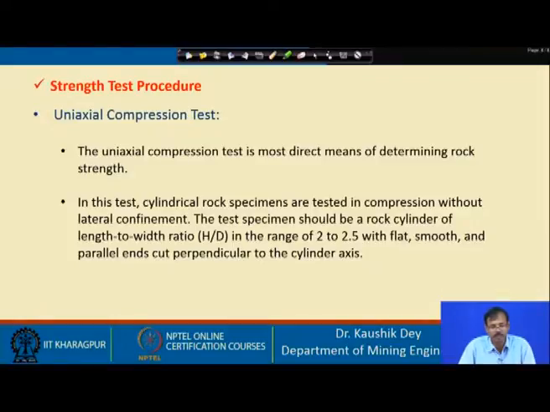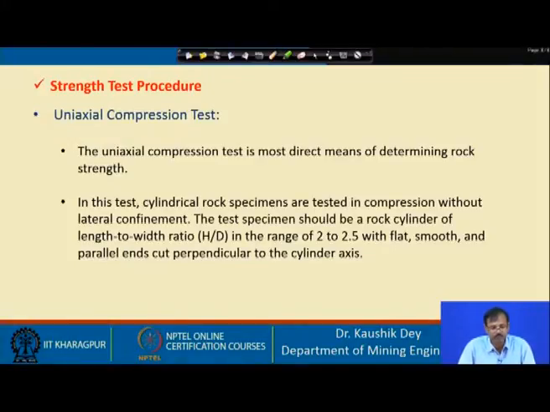These constants are calculated through statistical analysis, and basically the point load index is directly, linearly correlated with the uniaxial compressive value. That is why point load is very easy and may replace the uniaxial compressive test if it is carried out on a good number of samples.